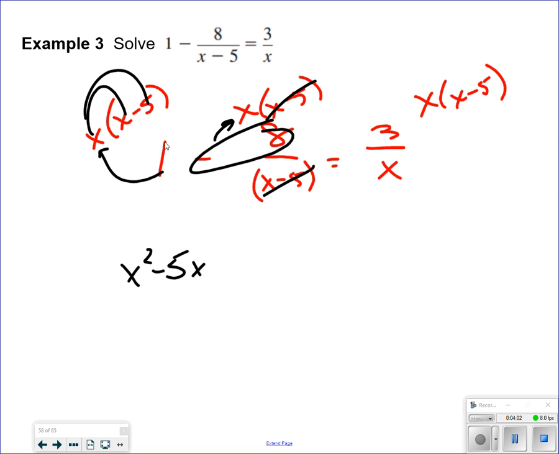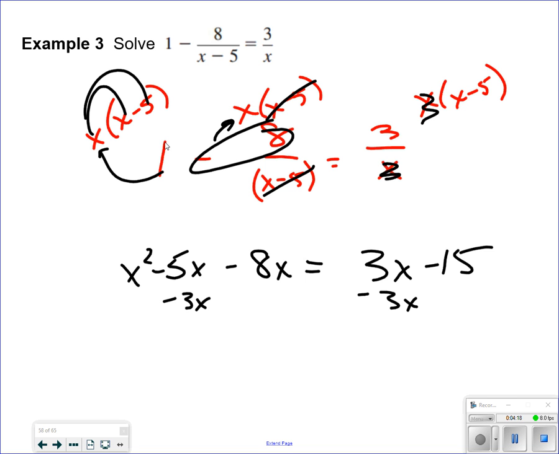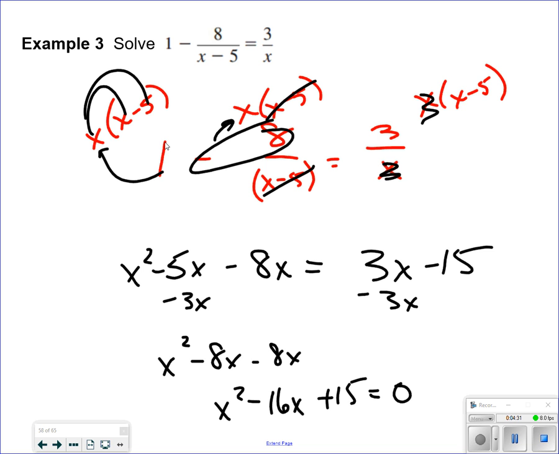And that is a common mistake, to forget about the fact that that is a negative 8. And then the x's cancel. I'm left with 3 times x minus 5. Now I no longer have a situation in which I have a fraction. How do I solve this question? Well, it's a quadratic. And I got to minus another 8x, so x squared minus 16x plus 15 equals 0.